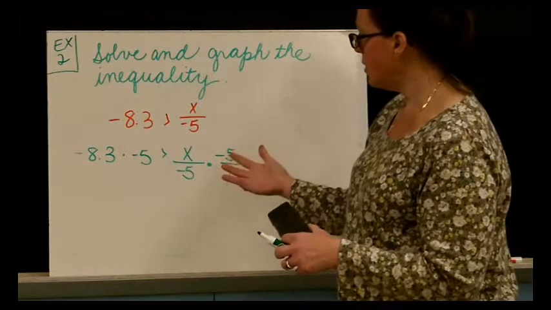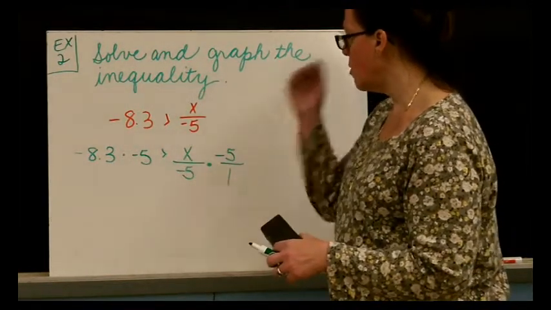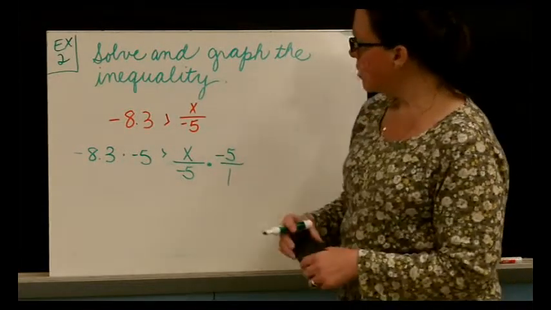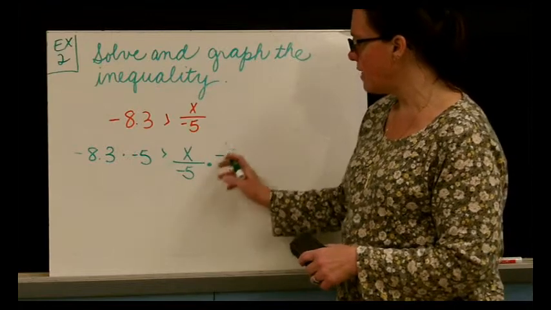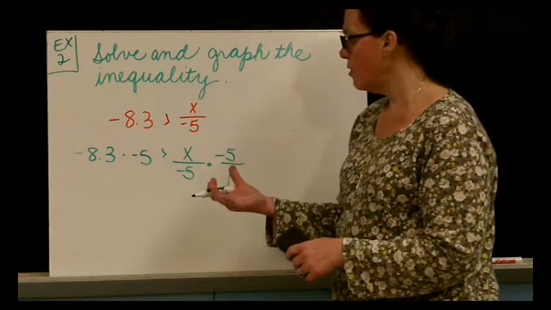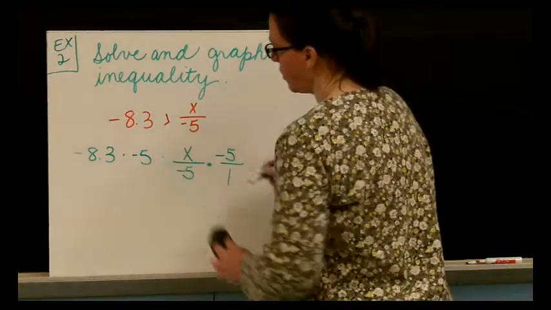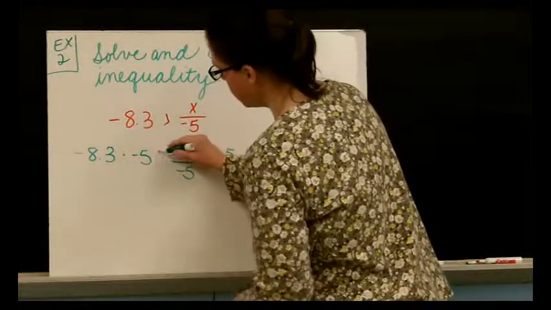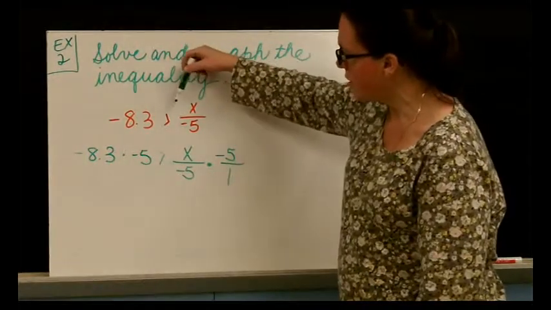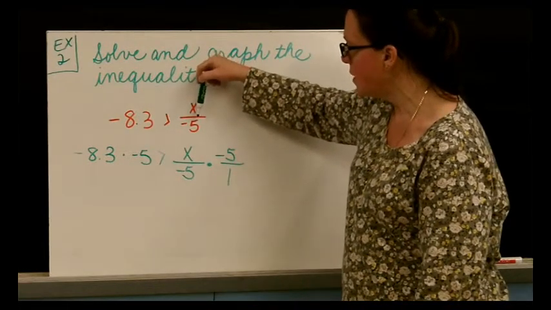Now, there's something that is different with inequalities when we are multiplying and dividing. If you are multiplying or dividing by a negative number in order to get your variable by itself, then you need to reverse your inequality symbol. So if you see right now, our original inequality is negative 8.3 is greater than x divided by negative 5.